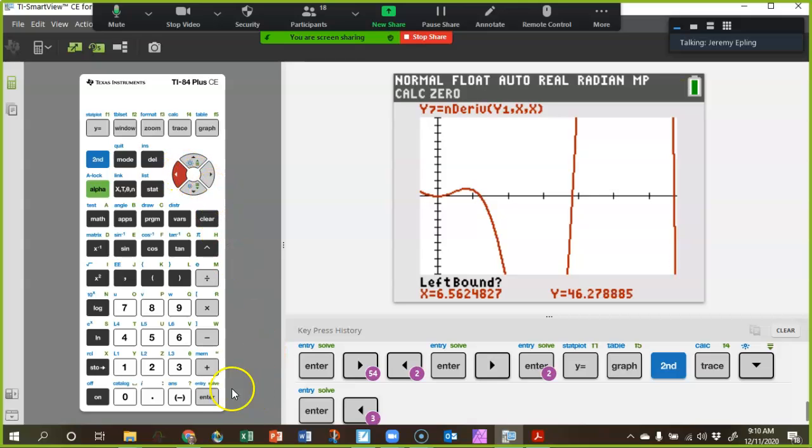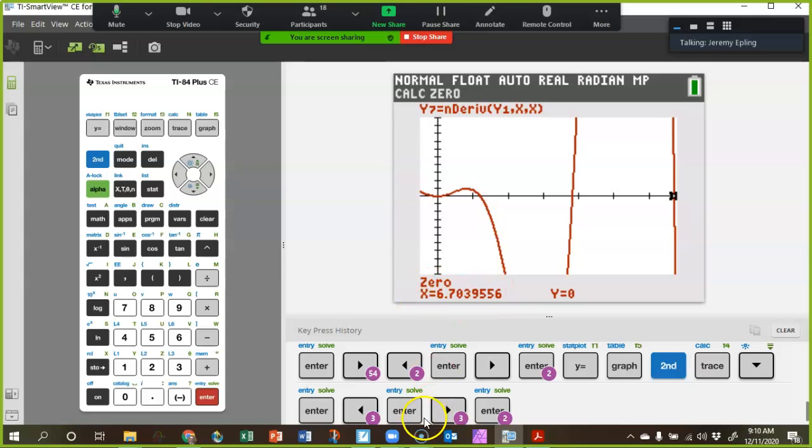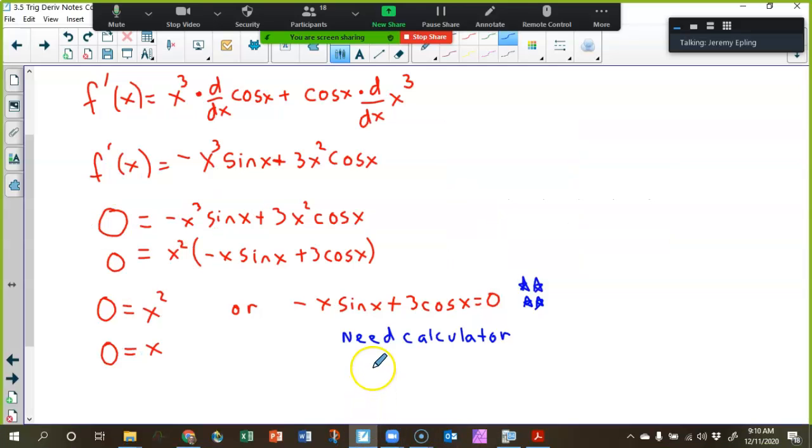I'll illustrate one of those. I'm to the left of an x-intercept. Then I'll move till I'm to the right of an x-intercept. And guess what, that x-intercept is more than 2 pi. While it is a solution where we have a horizontal tangent line, our derivative equal to 0, it isn't going to be in our interval from 0 to 2 pi.